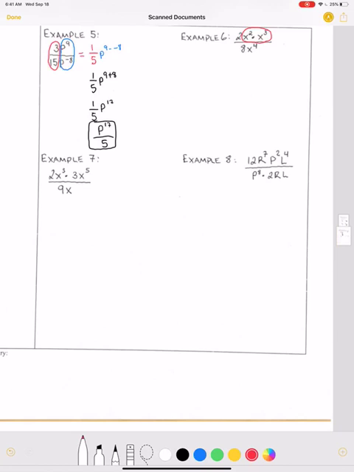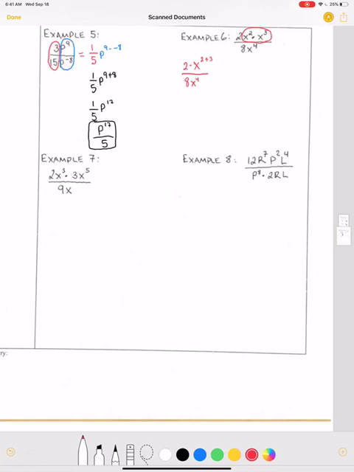So for right now, what we have is 2 times my base is x, and my exponents are 2 and 3. I'm going to add those exponents because when you multiply like bases, you add the exponents. My denominator is still going to be 8x to the power of 4.